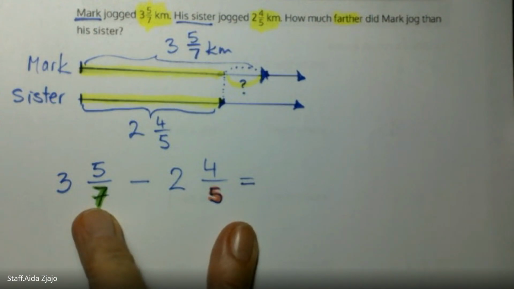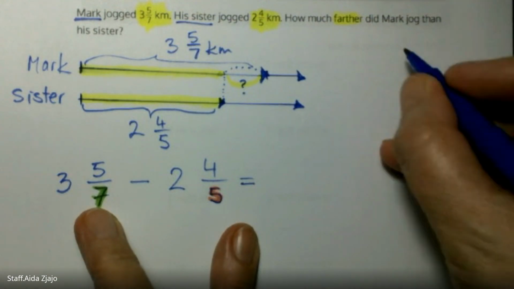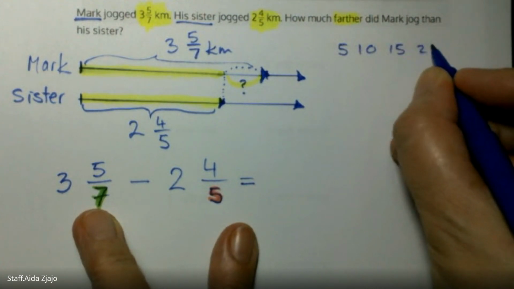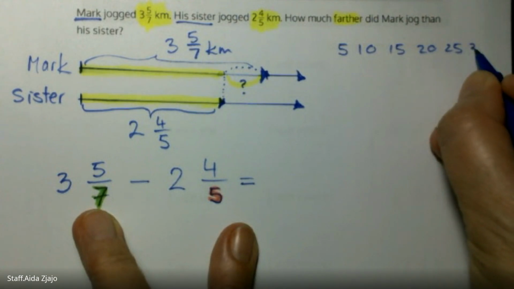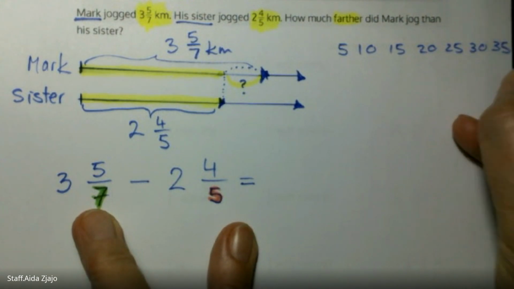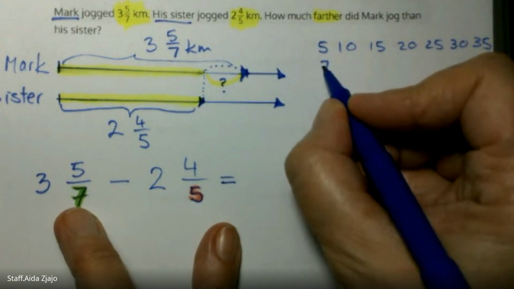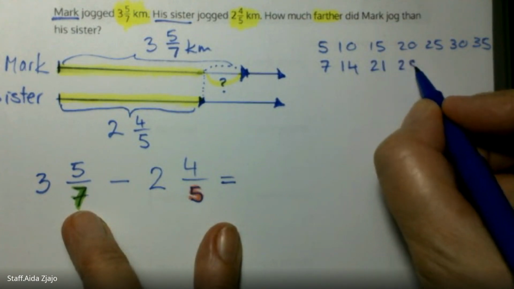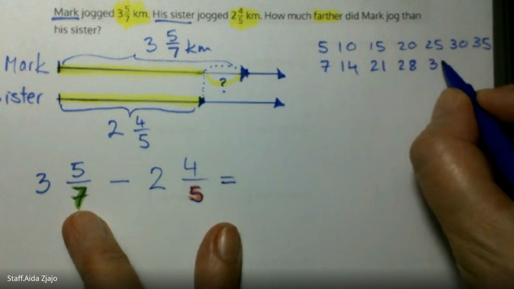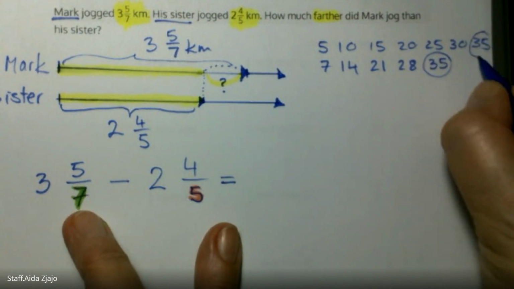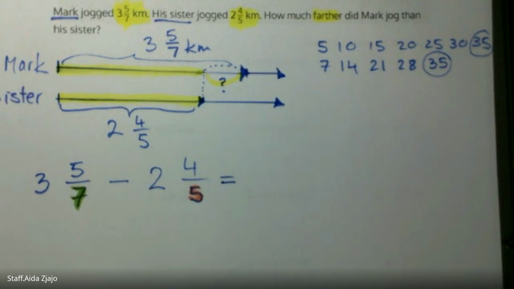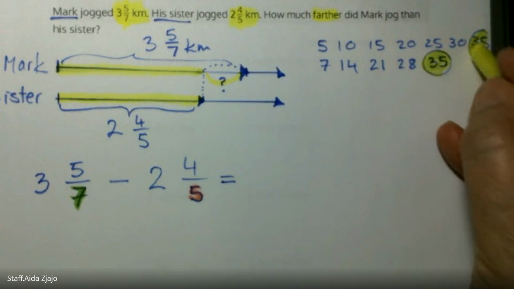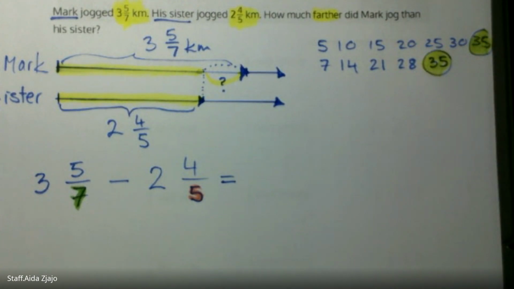So I'm going to skip count by 7 and by 5. 5, 10, 15, 20, 25, 30, 35. 7, 14, 21, 28, 35. So we can see that I can change both fractions into the least common denominator. That would be 35.